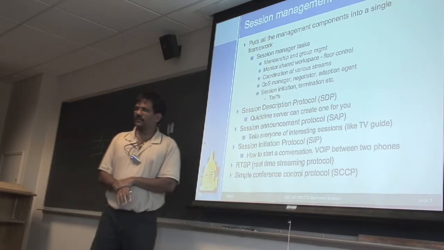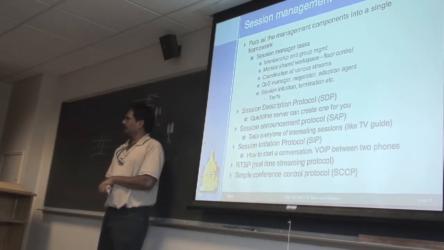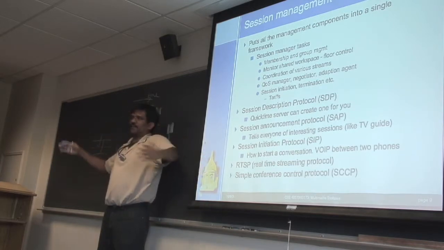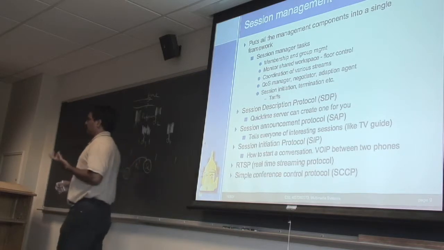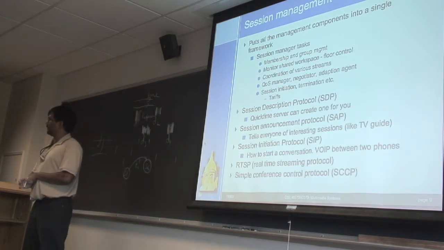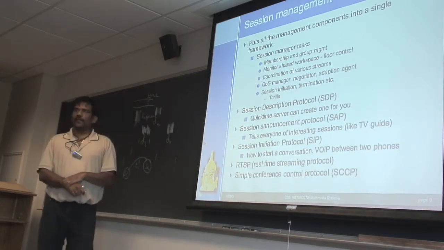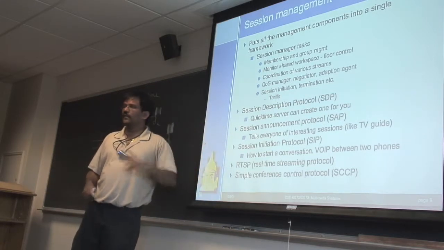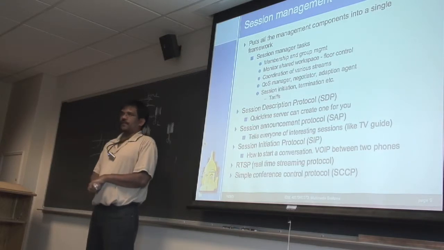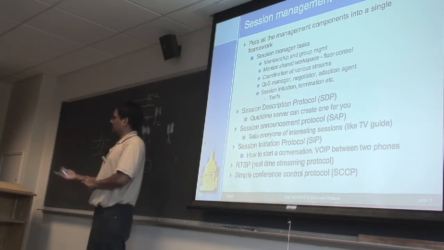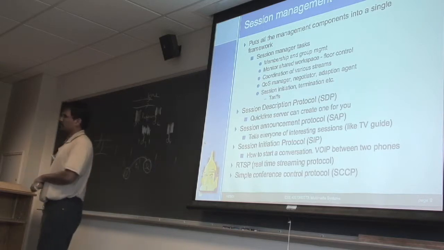Does that kind of make sense? So all of this together defines what you would ideally want in a conferencing system, right? Now, many of these can be rudimentary. The description may just be word of mouth, and the announcement may just be me saying, we have a conference call, please call 1-800, join me, and then we can start.